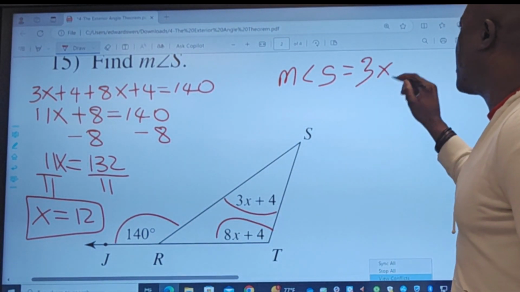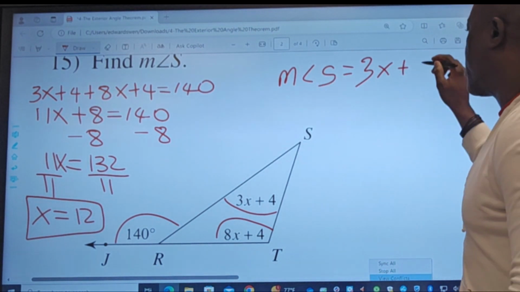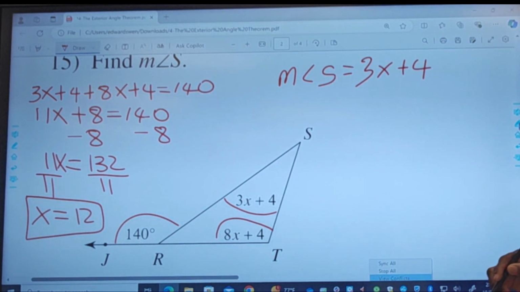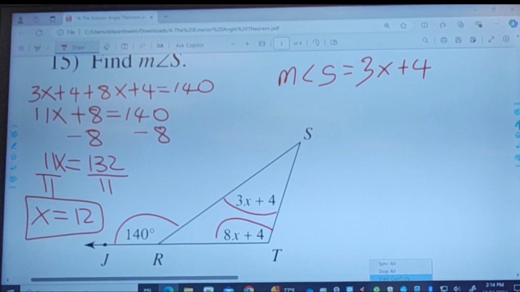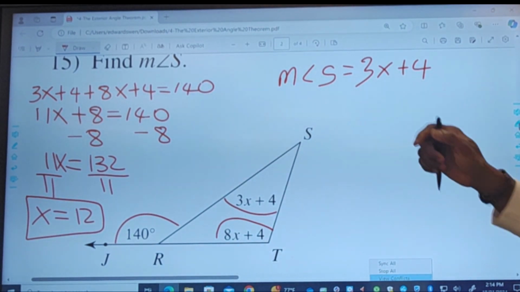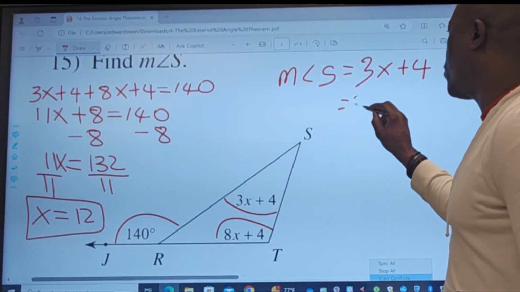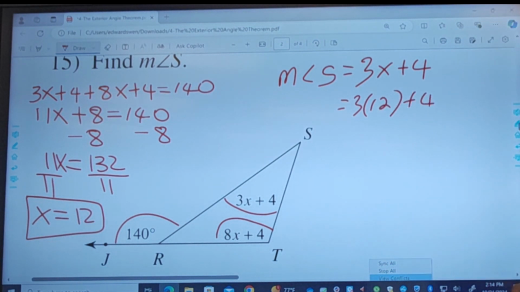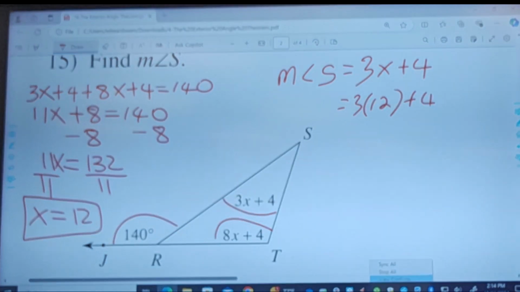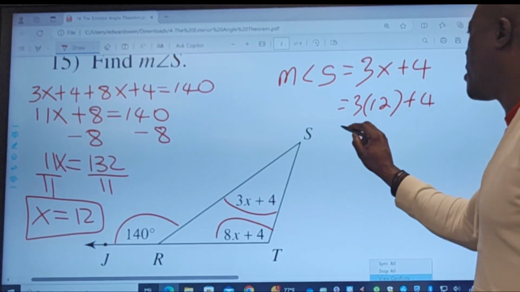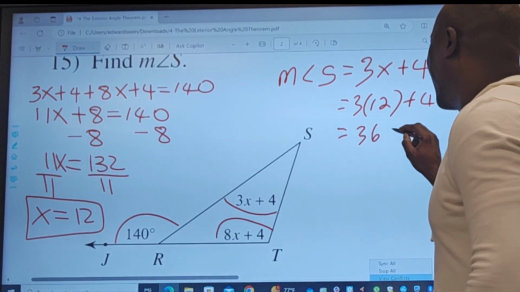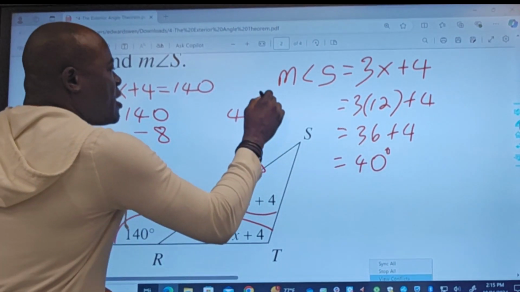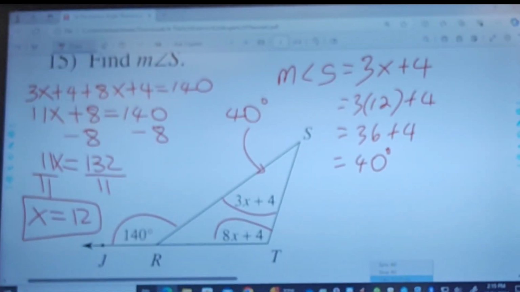We're going to now solve, because S was given as 3x plus 4. Well, we've got to substitute the 12. So you're substituting 12 where x is. So we're going to get 36 plus 4, which is 40 degrees. Are we there?